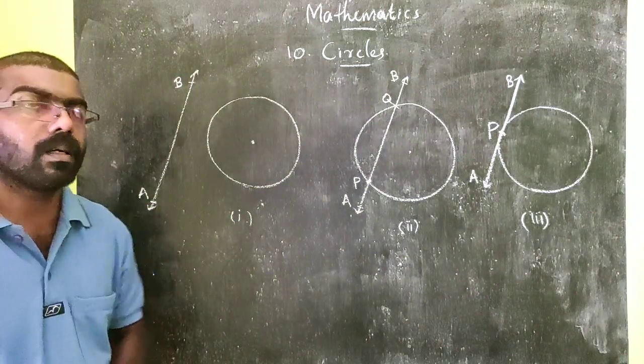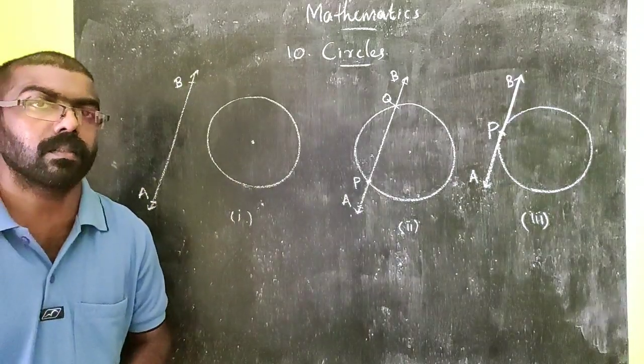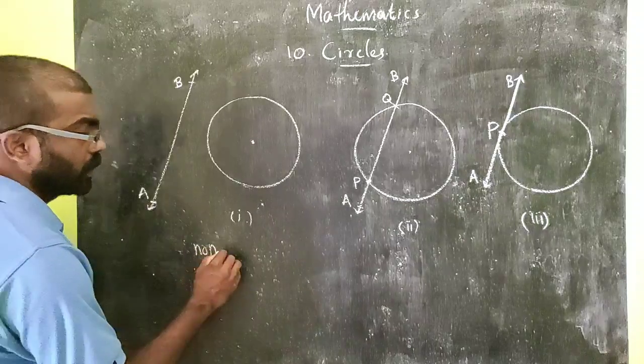In figure 1, the line AB and the circle have no common points. In this case, AB is called a non-intersecting line with respect to the circle.